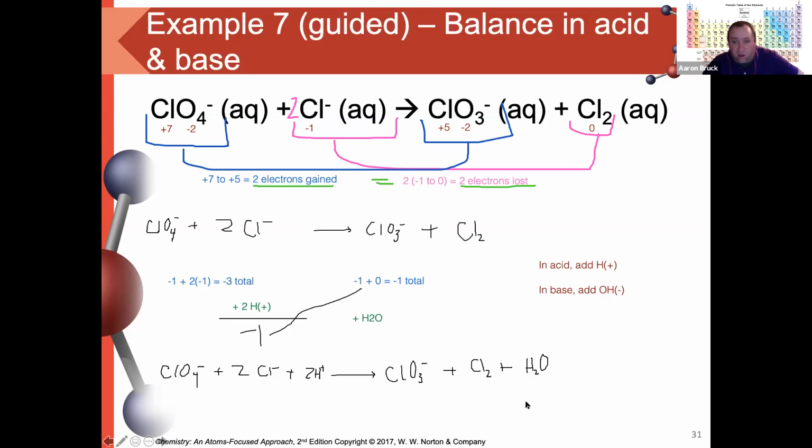And that's really all there is to that. And so this is the reaction if it occurs in acid.